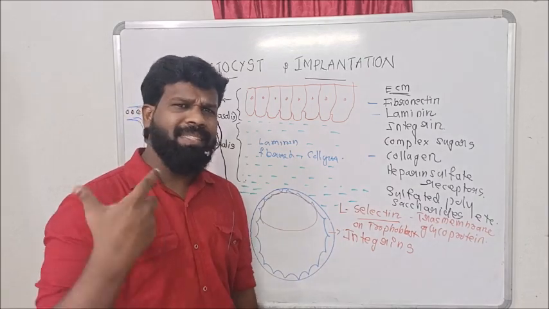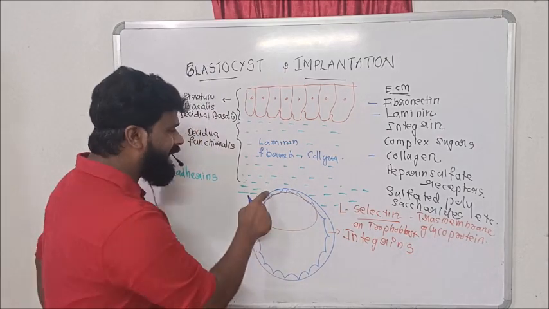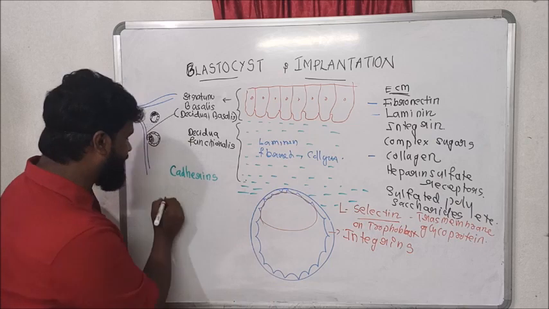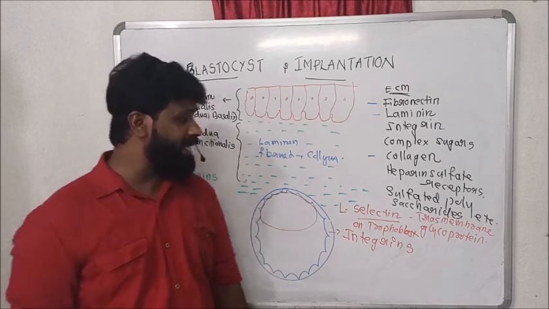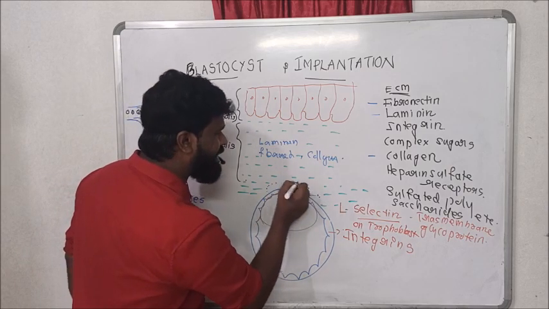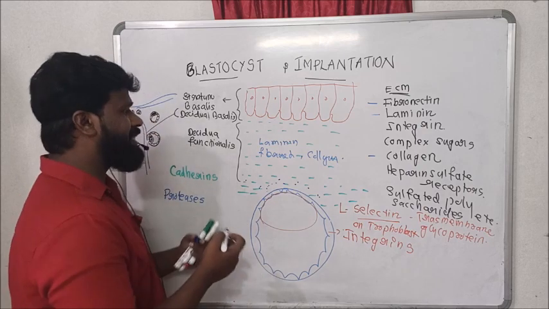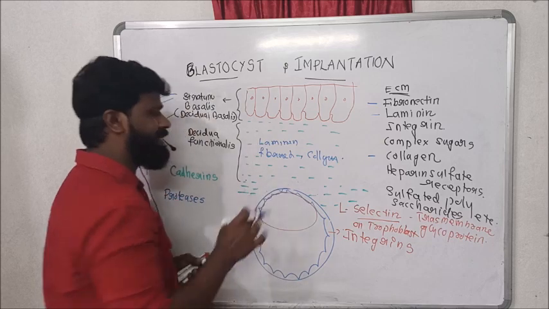Then the cells of the trophoblast secrete proteases, enzymes that digest the extracellular matrix.